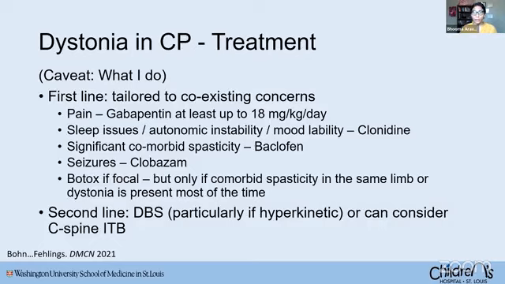And I am very wary of Botox for dystonia. I will only use Botox for focal dystonia if that limb is also significantly spastic, and also if that spasticity is causing significant functional limitation in that limb. I say that because for many of our kids with upper extremity dystonia, that limb does not have a significant component of spasticity at rest.